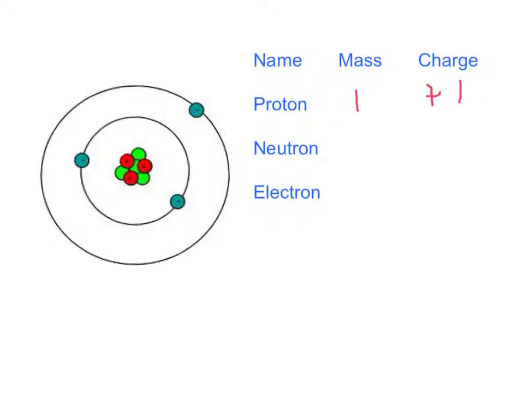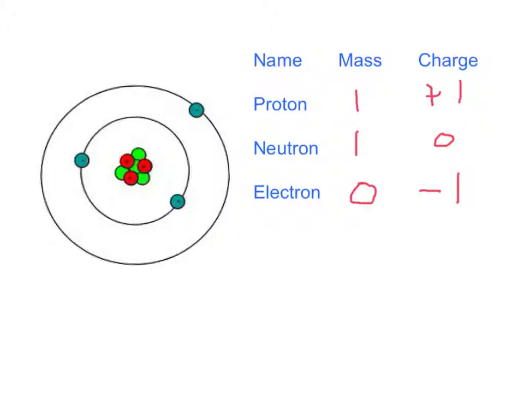The neutrons, also in the nucleus, also have a mass of 1, and as their name suggests, they have no charge at all, they are neutral. And then the electrons that are orbiting around the outside, in fact their mass is so tiny that it's negligible. That means we can ignore it. So we tend to say that an electron has a mass of 0, but they do carry a charge, and that is a negative charge that balances the positive charge of the proton.